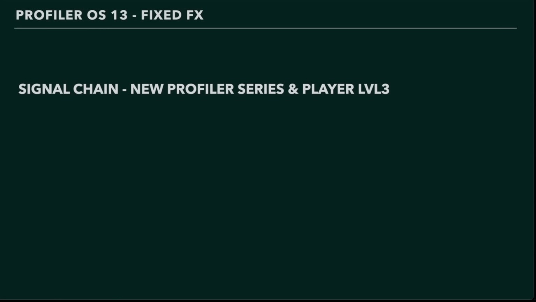This new signal chain, these new effects, or this larger signal chain, is available for all the Profiler Players at all levels, and for the new Profiler series. We come to that later. It's operating system 13.